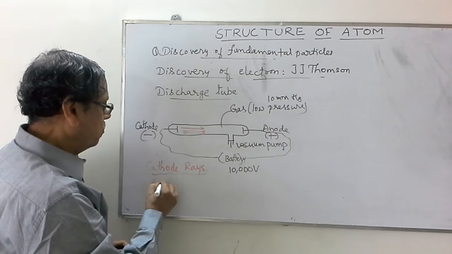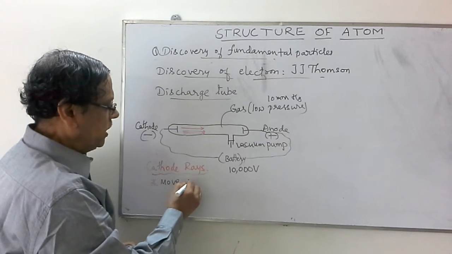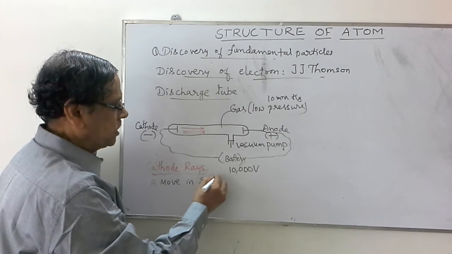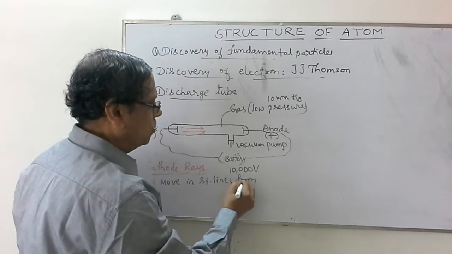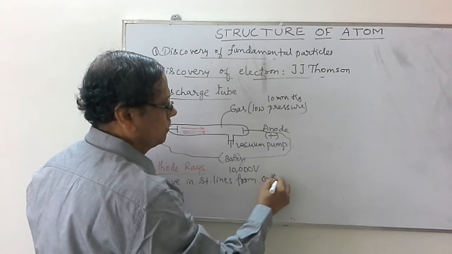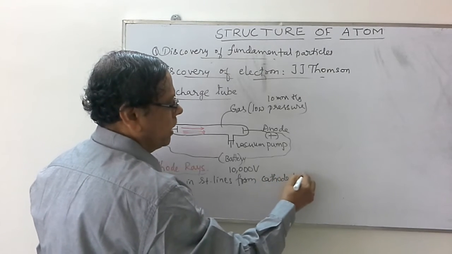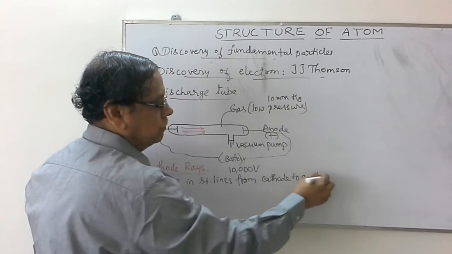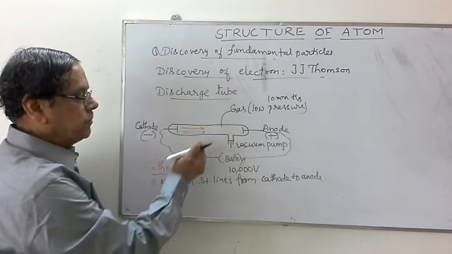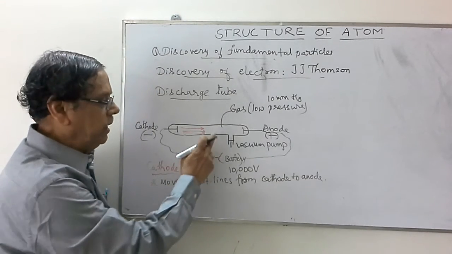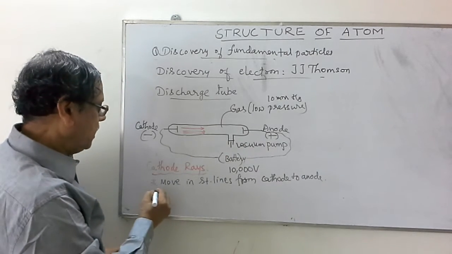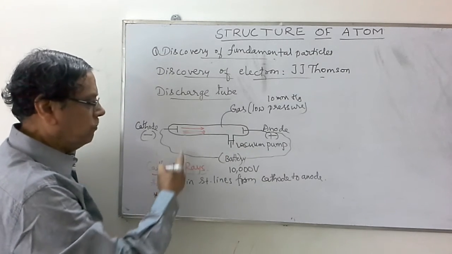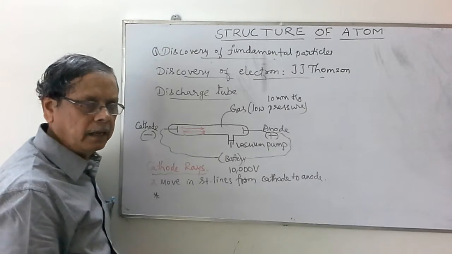So cathode rays move in straight lines from cathode to anode. Suppose you keep some light paddle wheel in the path of these cathode rays. Then we observe that these cathode rays will rotate the wheel of the paddle.